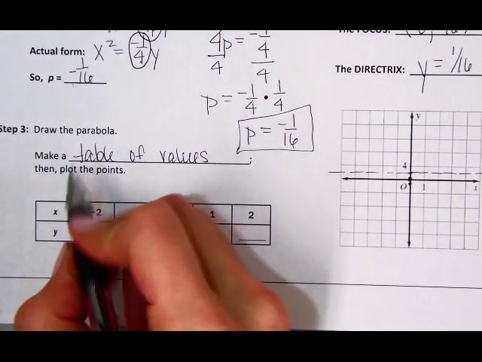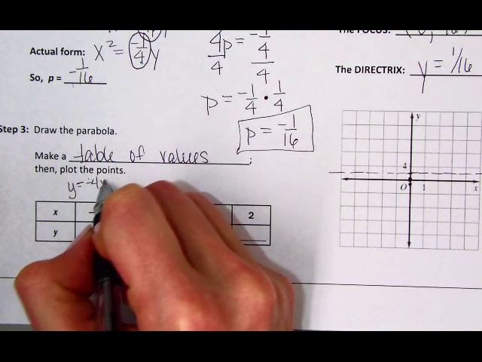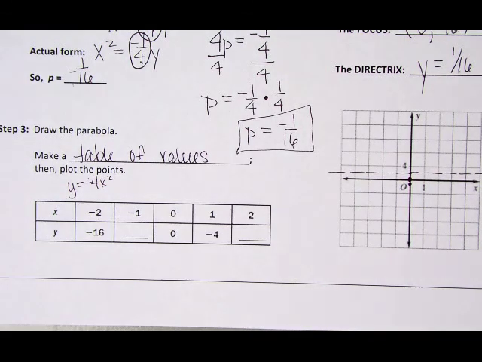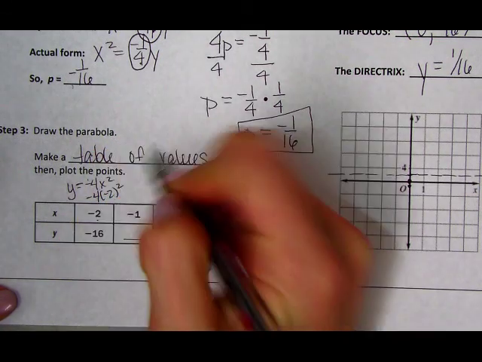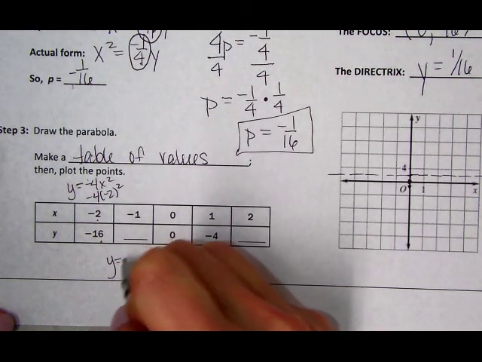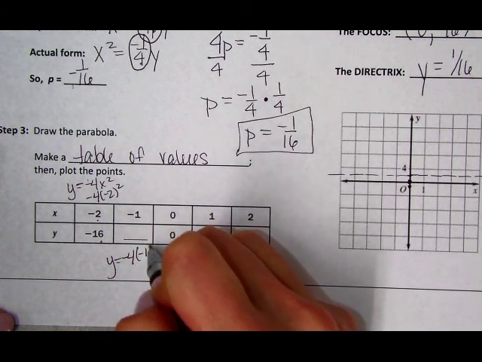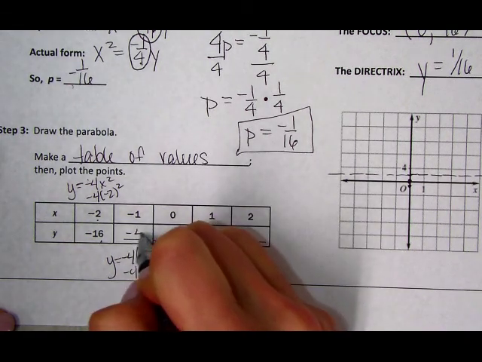So if I plug in -2, y equals -4x squared. So I get y is equal to -4 times -2 squared. And we all know that -2 squared is 4, so -4 times 4 is -16. Y is equal to -4 times x, which is -1 squared, so -4 times 1 is -4.